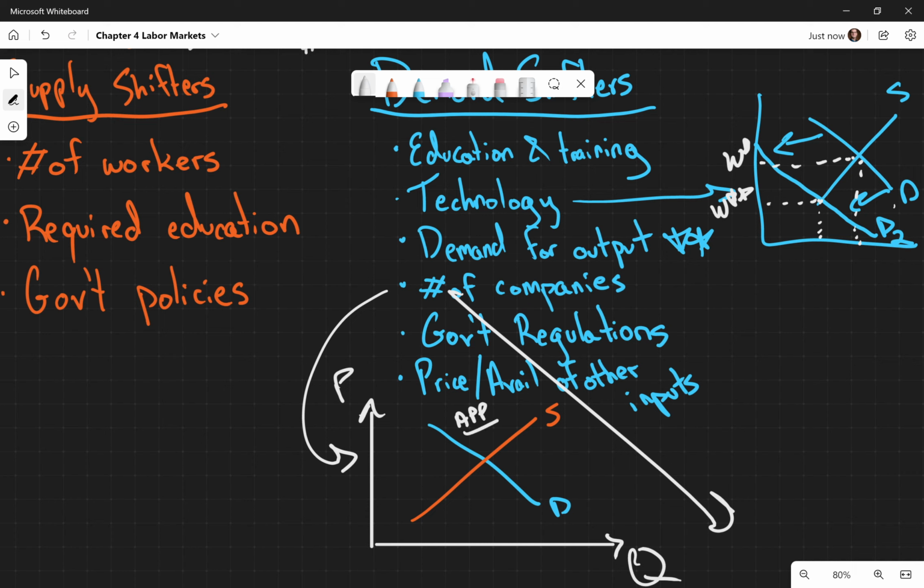It was like, I'm going to make an Uber of this, I'm going to make an Uber of this. As a result of the increase in startups in Silicon Valley, there's a shift outwards in the demand curve and an expected rise in the equilibrium wage and the number of people employed in the app programming sector.